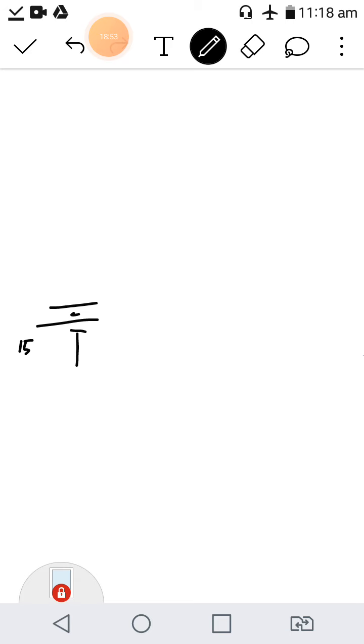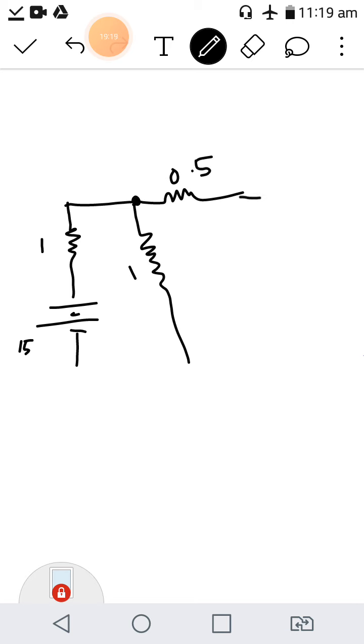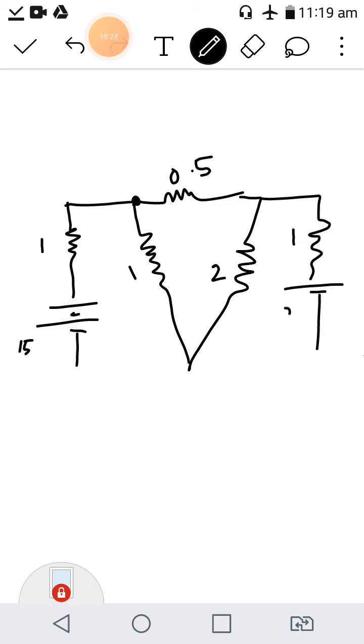A 15-volt battery, a resistance of 1 ohm, a resistance of 1 ohm here and a resistance of 0.5 ohms here, a resistance of 2 ohms, 1 ohm here and a 20-volt battery like this.